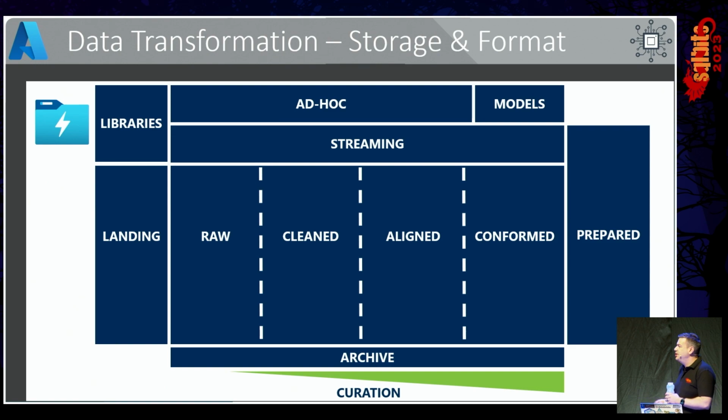But of course, we do something better. We create something maybe like this. It depends. Always it depends. But the goal here is curation. Now, I've worked with lots of customers. They all call these layers slightly different things.